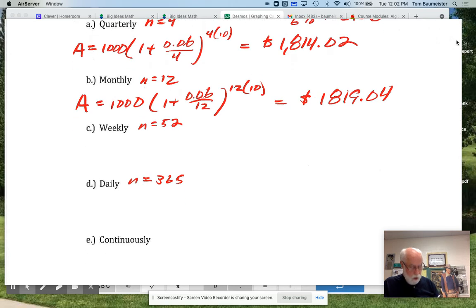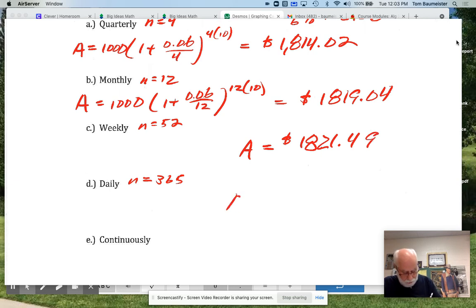Now, I'm just going to tell you the next two. We ended up making about $5 more there, $5.02. I guess that's okay. When we do weekly, if I plug it in, I would get $1,821.49.